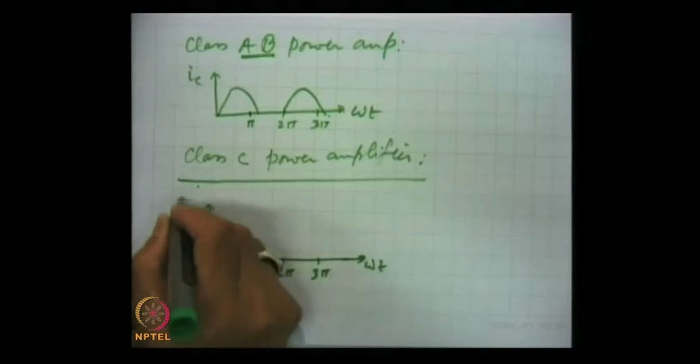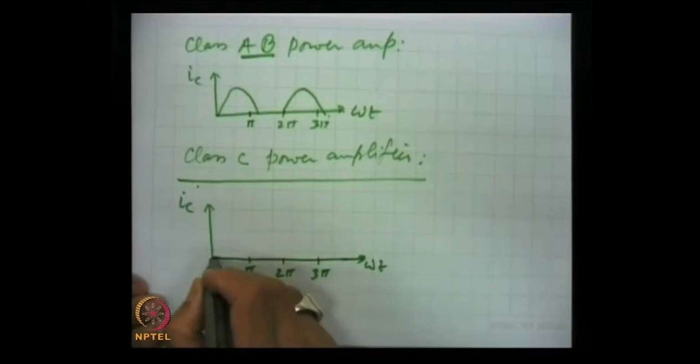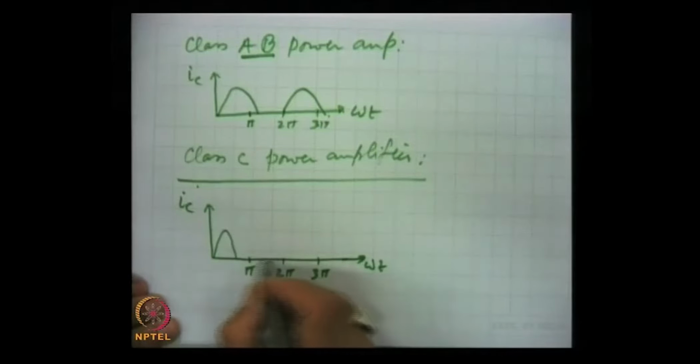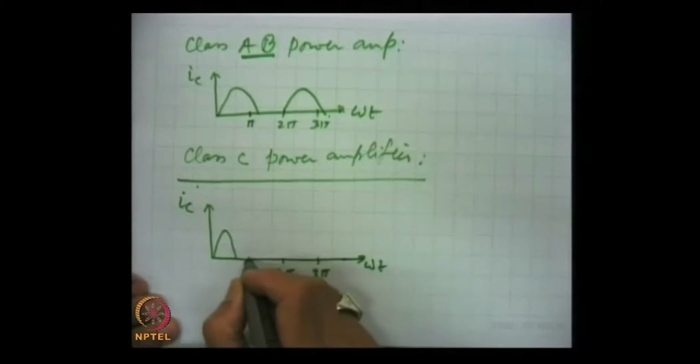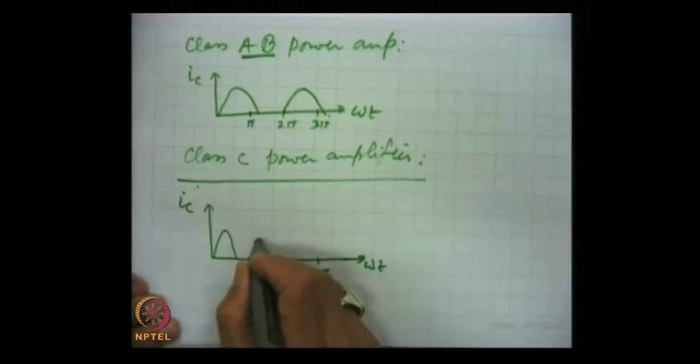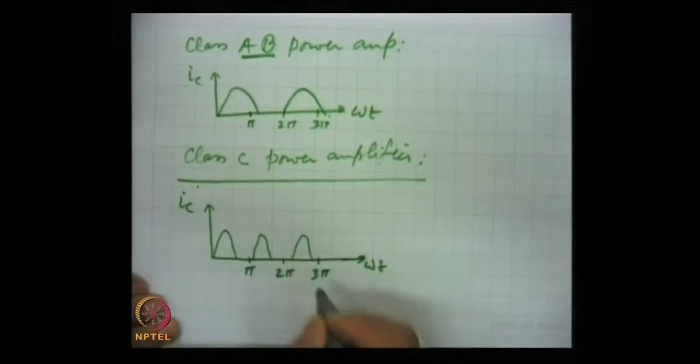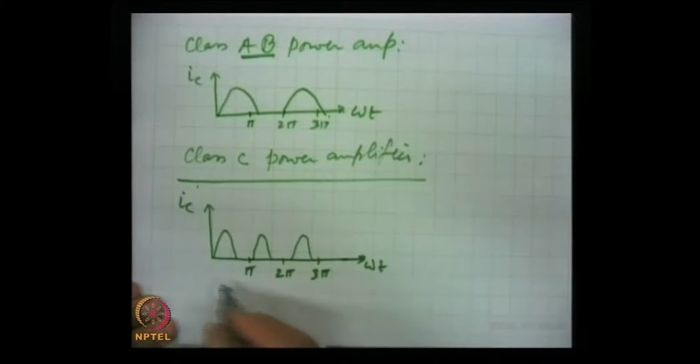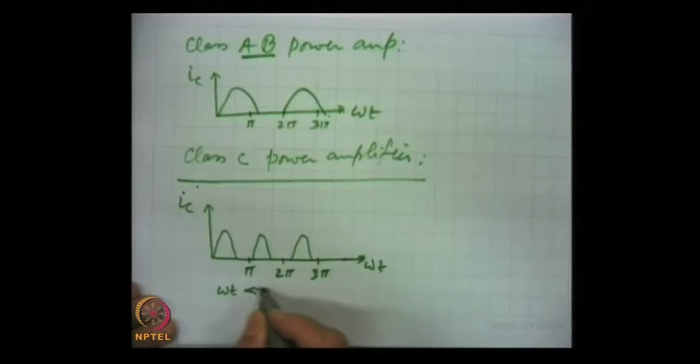Here this is the collector current, where conduction angle omega t is much less than 180 degrees.